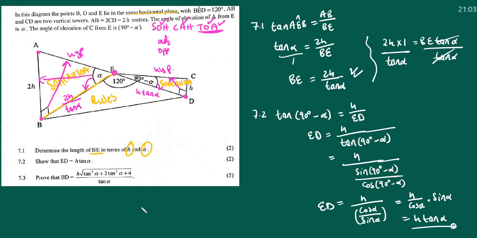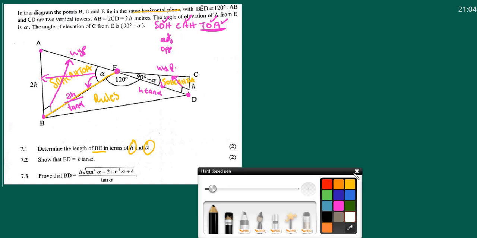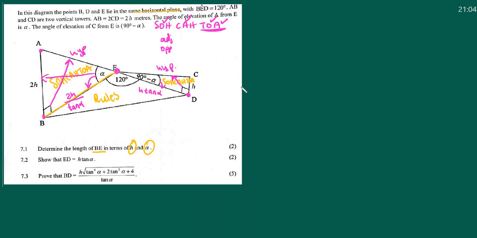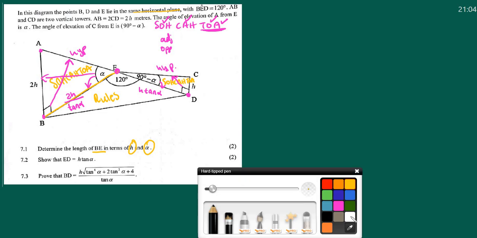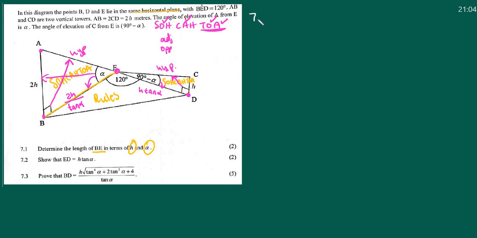Now the real things start. Show that, prove that BD is equal to that. Let me do this. Okay, so now let's actually solve 7.3. Remember I said you must label. When you are labeling those things, whether you know the value of tan or what, it's very important to label because it serves as one of the given sides.